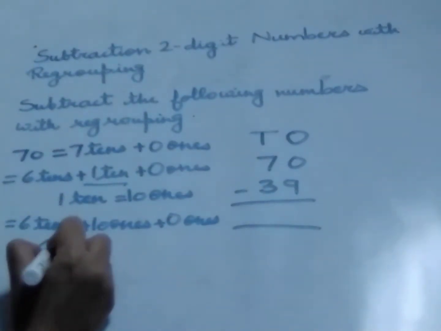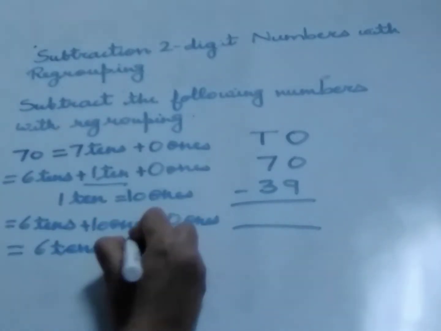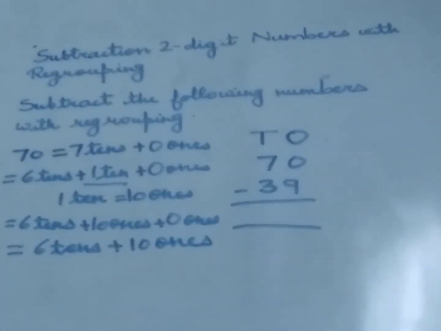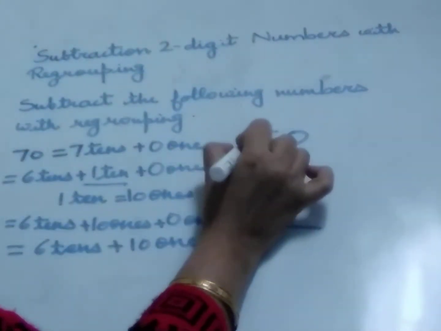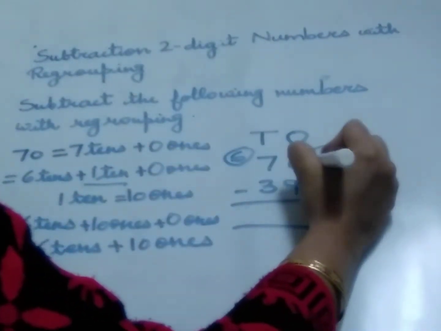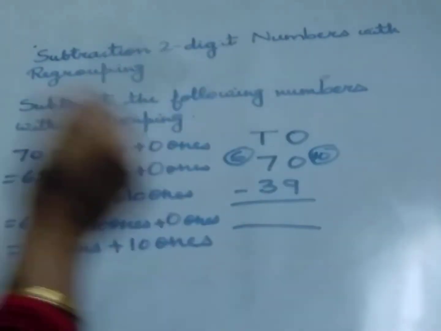The answer is 6 tens. Add them, 10 plus 0 gives you 10 ones. Now write this 6 in the tens column here and 10 in the ones column. And now subtract these numbers from these numbers.